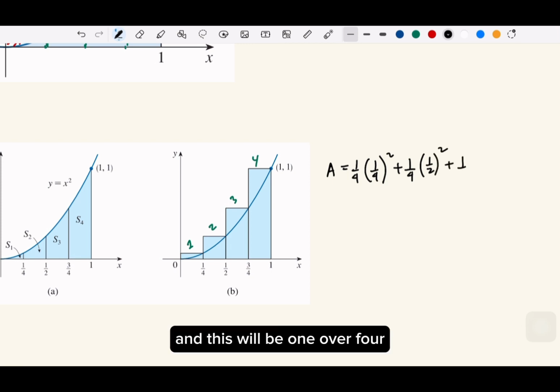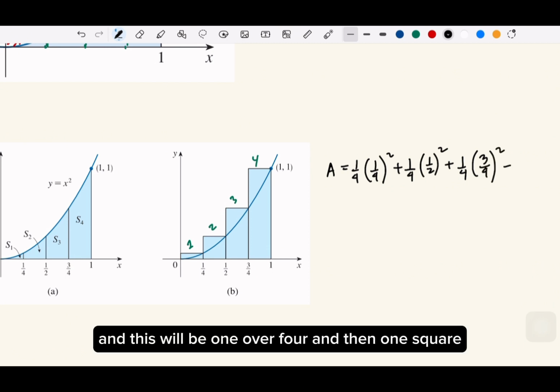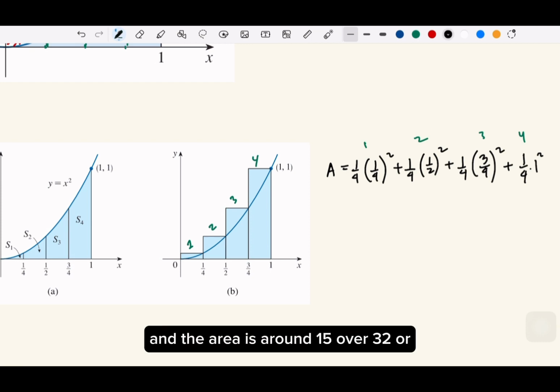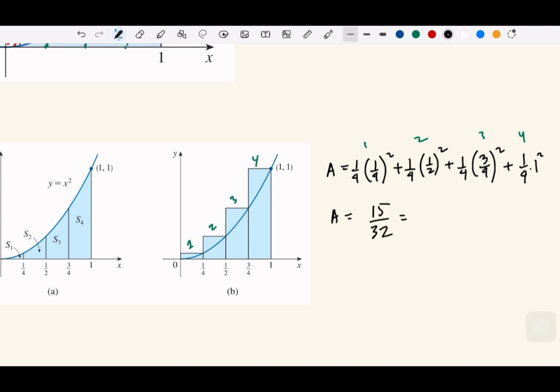And this will be 1/4, and this will be 3/4, and this will be 1/4, and then 1 squared. This is 1, 2, 3, 4, 4 rectangles. You can try to count, and the area is around 15/32, or around 0.468.